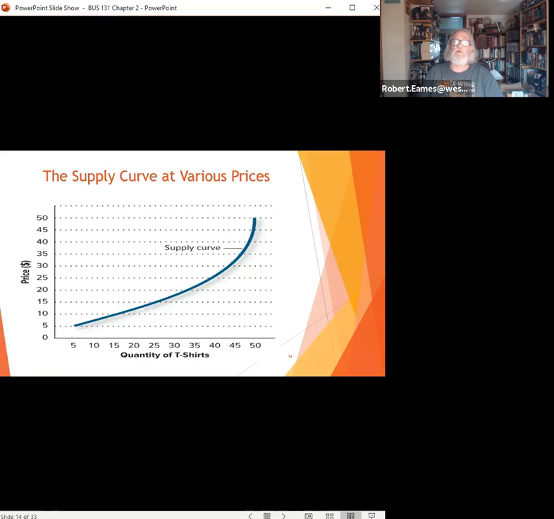Now, that's the thing with the supply curve. When you look at it, that doesn't seem intuitively correct, does it? Think about it for a moment. If something is selling for $5, we wouldn't expect to sell just 5 maybe, but maybe 50. And if we had the price that every t-shirt was $50, well, maybe we'd only sell 5. So the supply curve is not what we would intuitively think it might turn out to be. It's not about really the price.